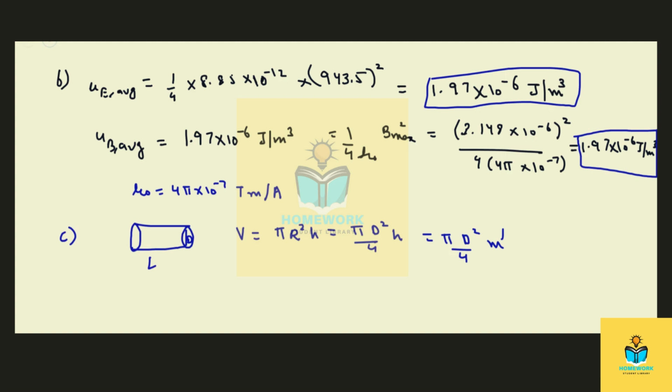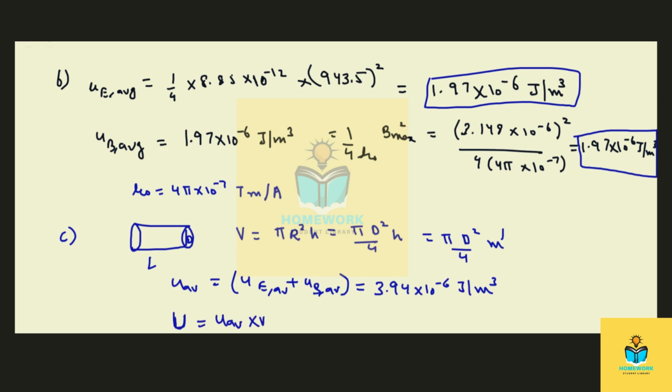Now finding out the total energy. So the total energy density is UE average plus UB average, which is equal to 3.94 into 10 to the minus 6 joule per meter cube. So this is the total energy density. So we need to find out the total energy. So total energy, let's say this is capital U, is equal to U average times volume. So we have this volume here.